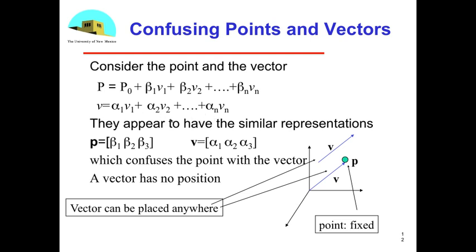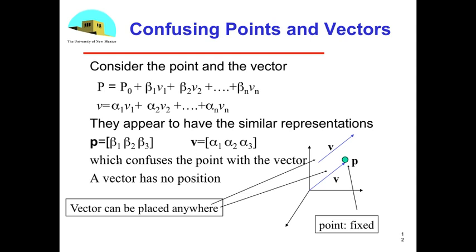I think they look the same because each one has these 3 scalars in it. So why don't you represent the point as just beta 1, beta 2, beta 3, and then represent the vector as alpha 1, alpha 2, and alpha 3? The problem is, if I just give you these 2 representations, you don't really know which one is the point and which one is the vector.